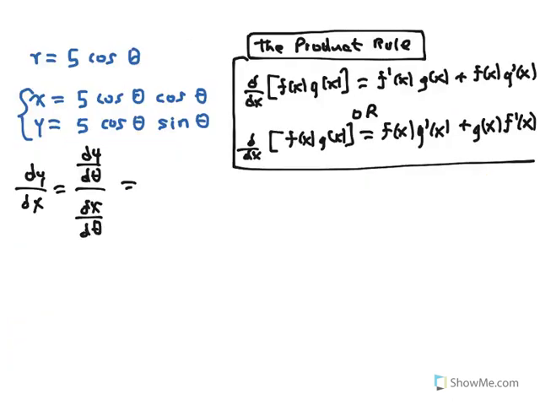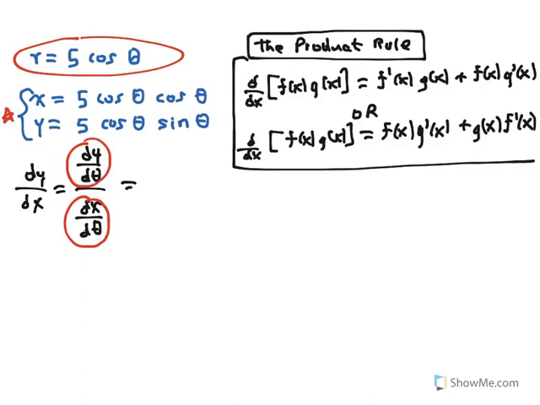Continuing with our example, here's our polar equation. We rewrote it as a set of parametric equations, and we can use the parametric form of the derivative to find dy dx by finding dy d theta and then dividing by dx d theta. Now, to find dy d theta, you will recognize that your parametric equation for y is a product of two differentiable functions, so you need to use the product rule in either form.